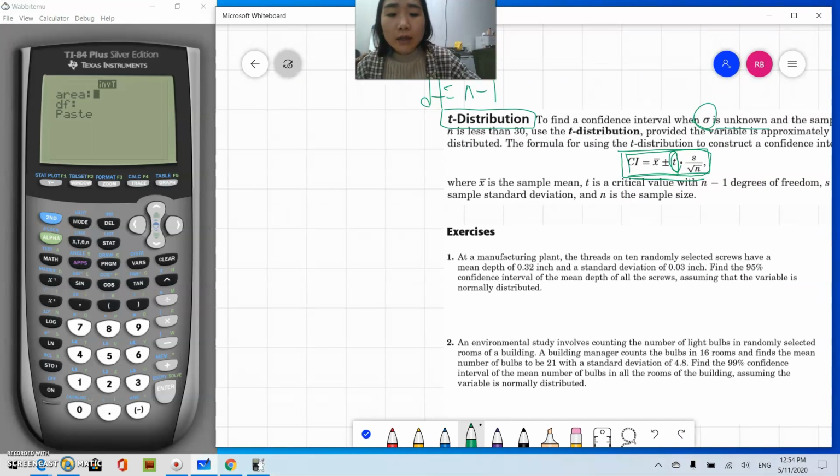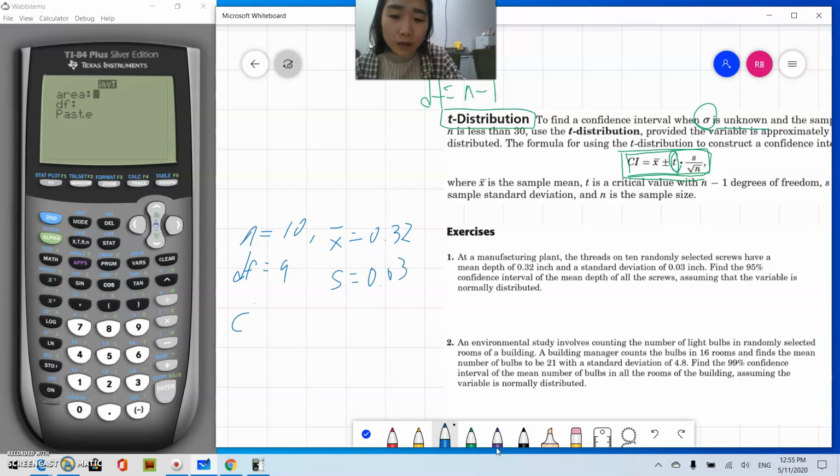It's only 10, but it's basically giving us a green light for using the t-distribution. So n is only 10, so we use the t-distribution, and the degrees of freedom will be 10 minus 1, which is 9. And x bar is 0.32, standard deviation is 0.03, and the confidence level is 0.95.